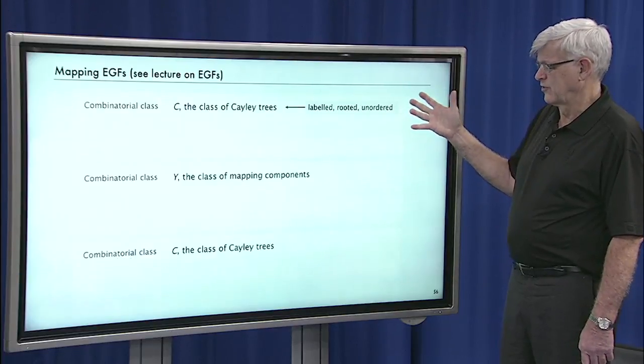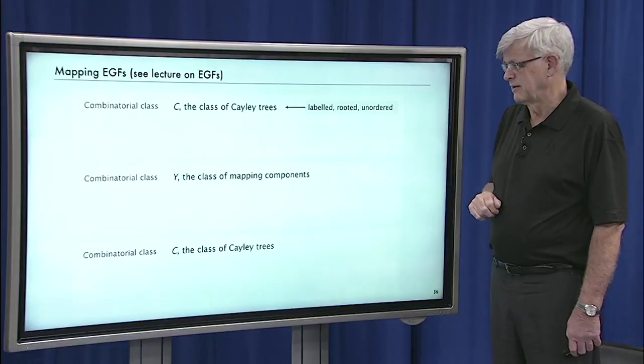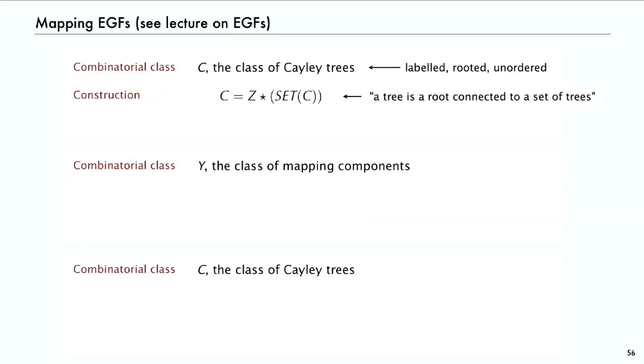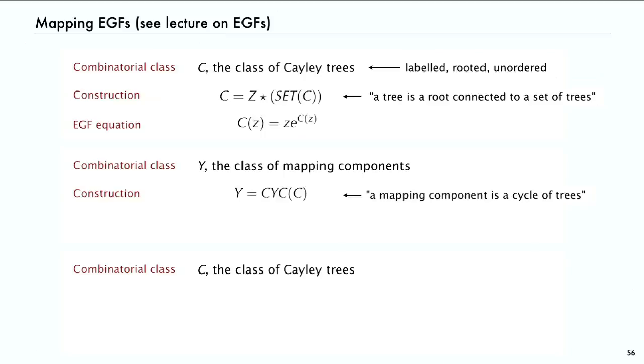And this is a summary of what we did in the last lecture, starting with Cayley trees. A Cayley tree is a root connected to a set of trees, which gives the EGF equation C equals z e to the C. Mapping components are cycles of trees, which is log of 1 over 1 minus C of z.